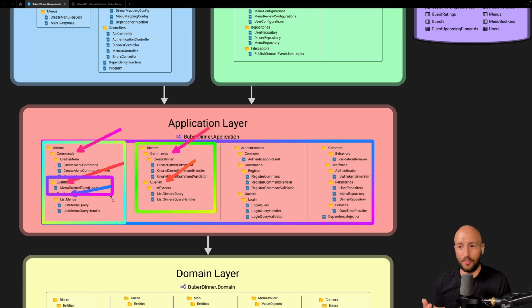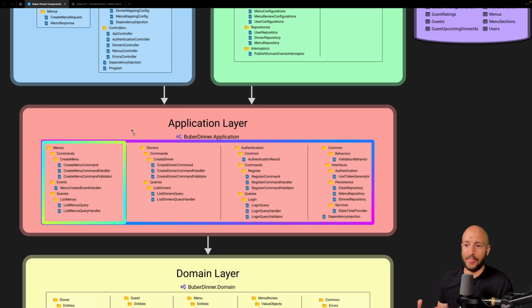So if you're working on a project that has many teams, many team members that are working on the same code base, this enforces some structure that is easy to follow. And I hope that you can imagine how, as the application grows, this stays more or less consistent as the solution grows.